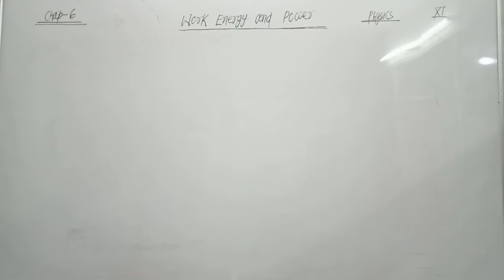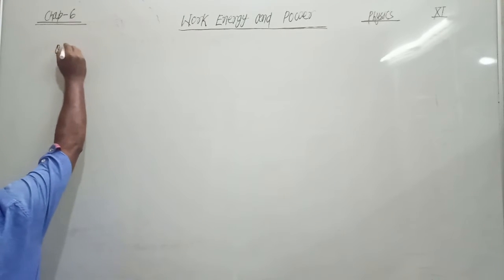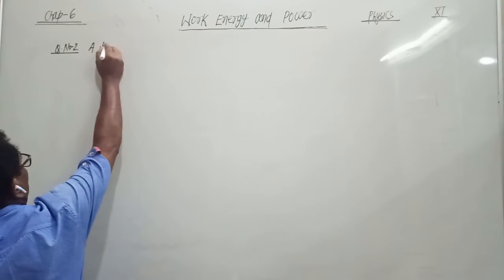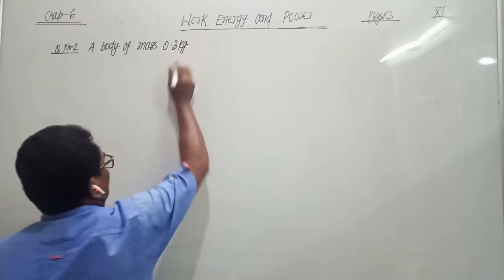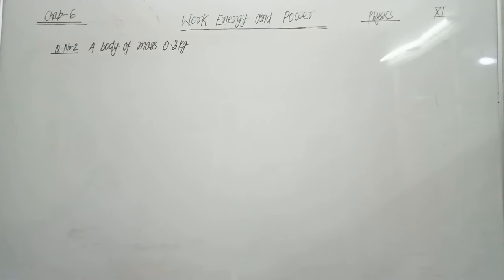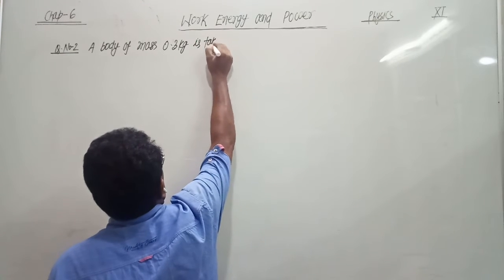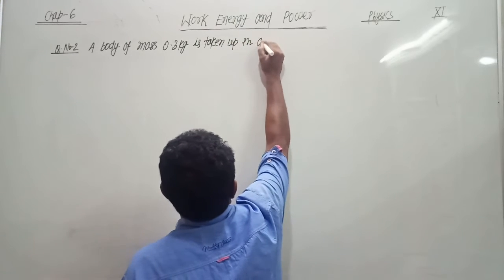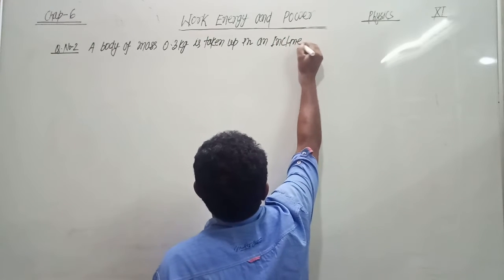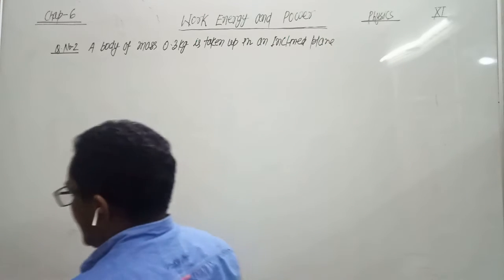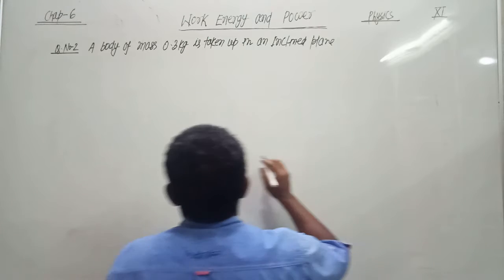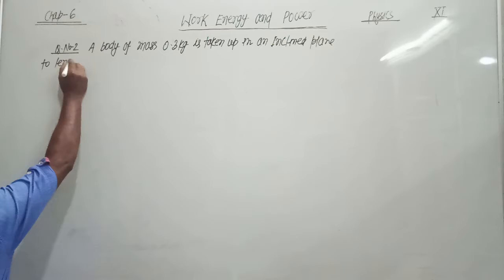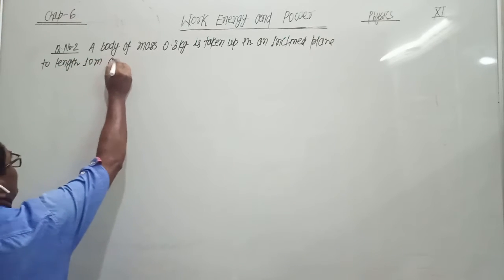And the question is: a body of mass 0.3 kg is taken up an inclined plane of length 10 meter and height 5 meter.